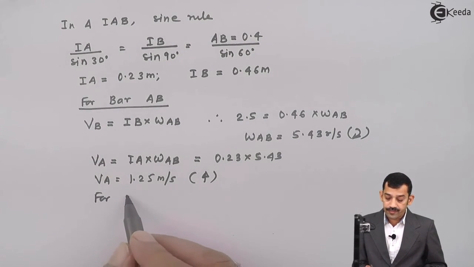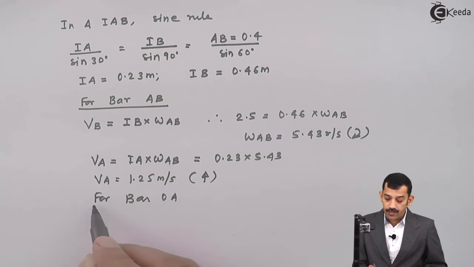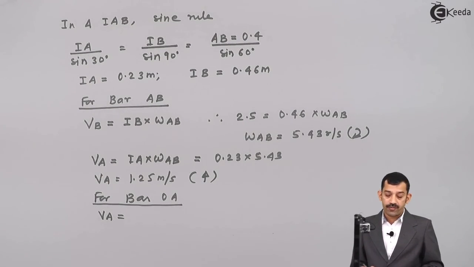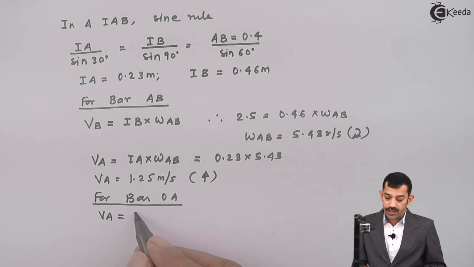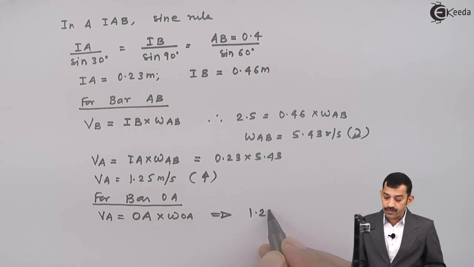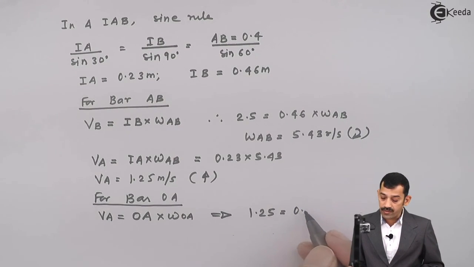Next bar is OA, and point A is the end of bar OA, therefore VA equals the radius of rotation OA into omega OA, as point O is the center of rotation. We substitute VA as 1.25, and OA length, given as 200 mm, is 0.2 meters, into omega OA.